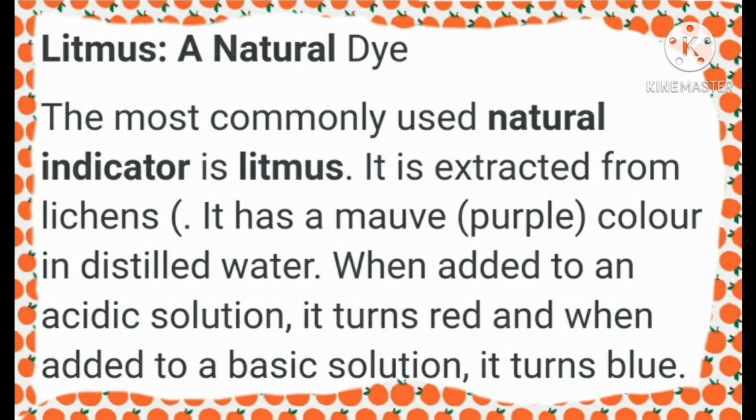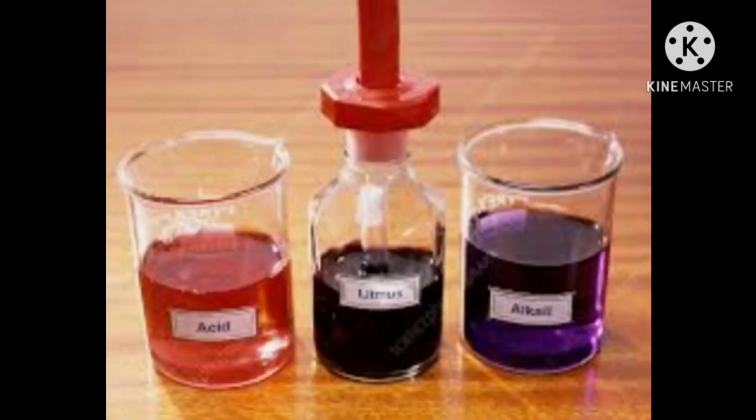The most commonly used natural indicator is litmus. It is extracted from lichens. Litmus has a purple color in water. When litmus is added to an acidic solution, it turns red. And when litmus is added to a basic solution, it turns blue.